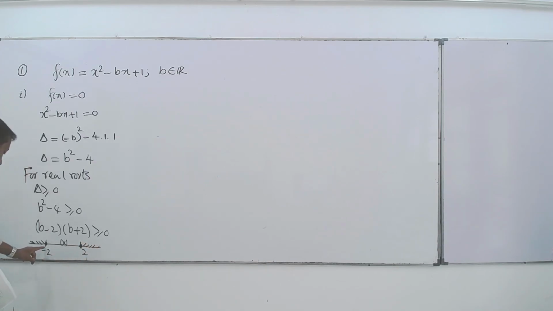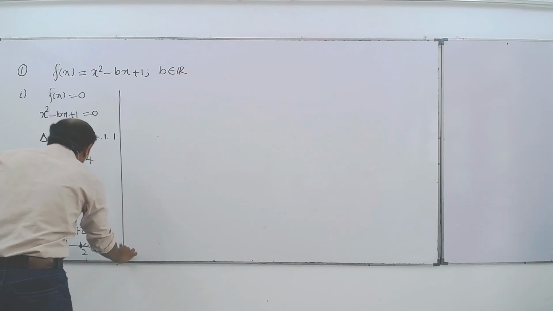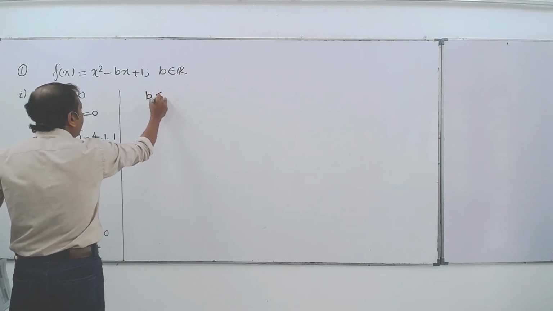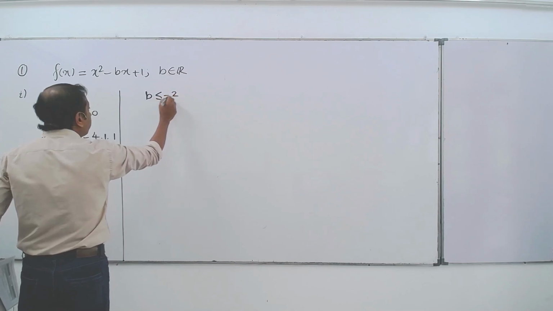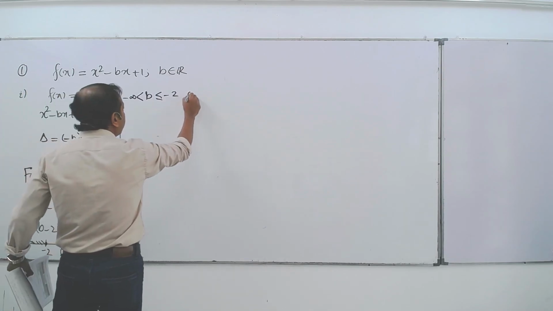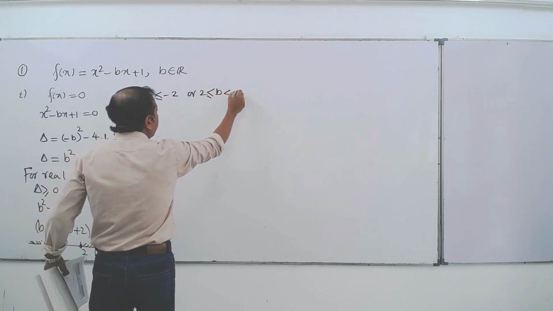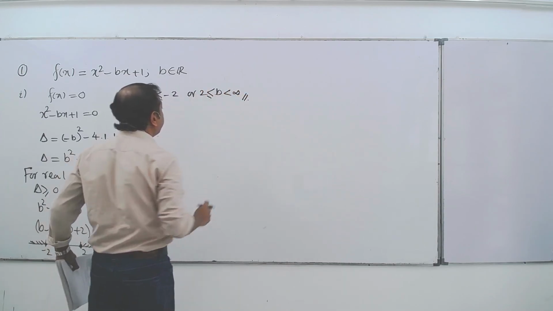Then b takes values from minus infinity up to minus 2, including minus 2, and including 2 up to plus infinity. So we can write the solution: b less than or equal to minus 2, or b greater than or equal to 2. Right.